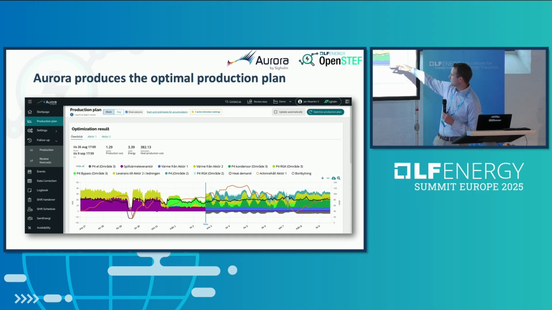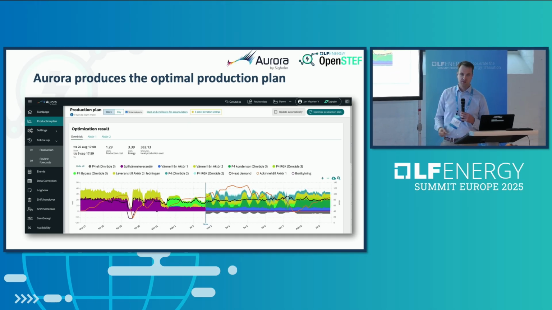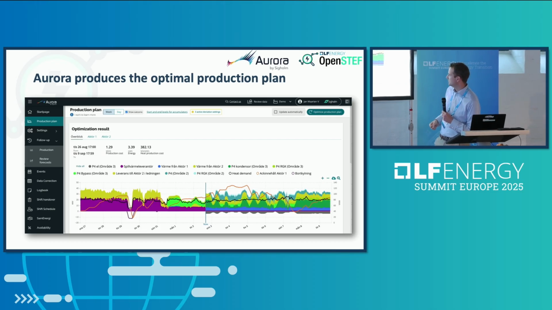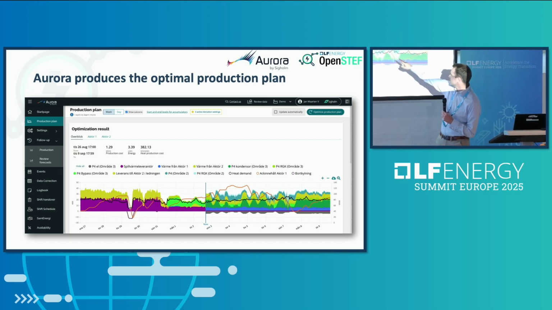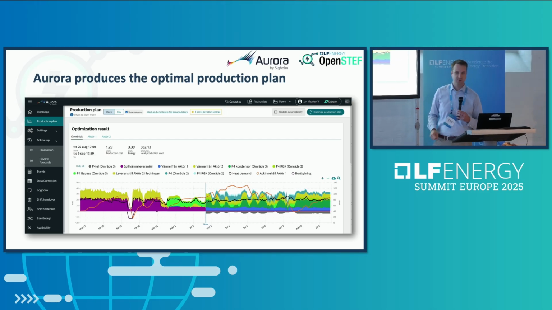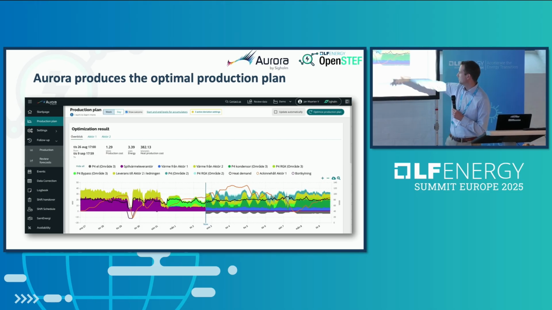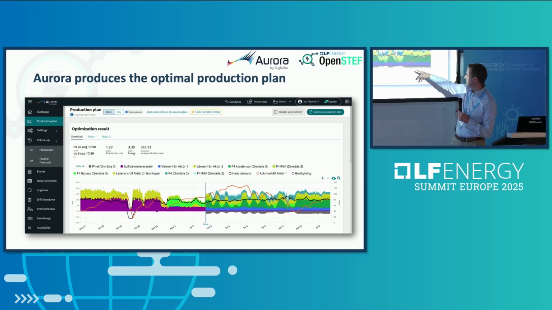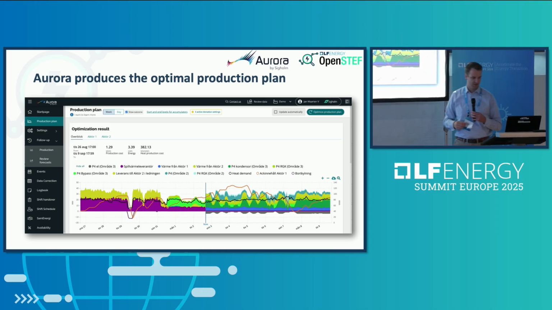And then all the other things are, according to our optimization algorithm, what's the best course of action. And this orange line you can see here is the value of the heat battery, so of the accumulator. So here it's best to keep it charged, and here you can discharge it in this operation plan.